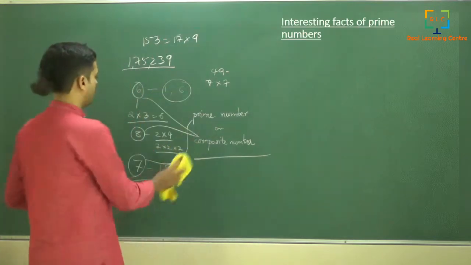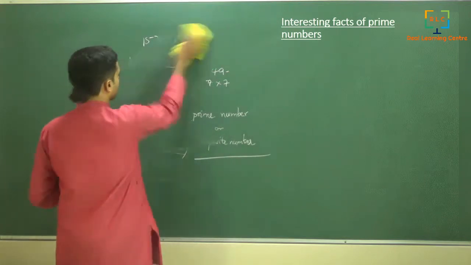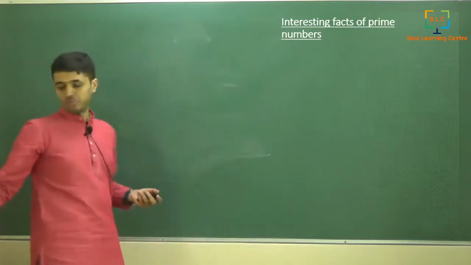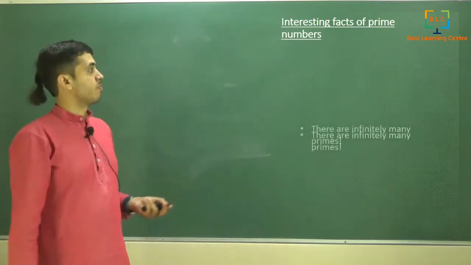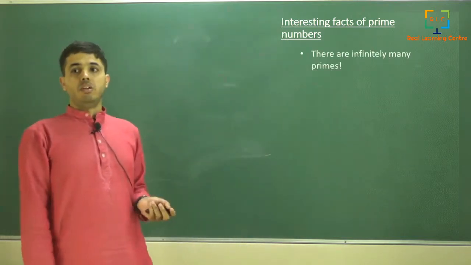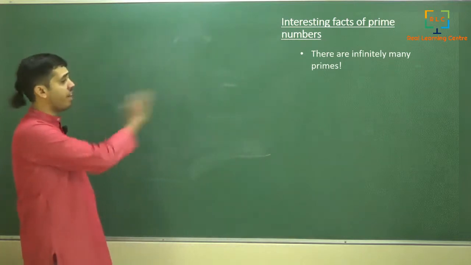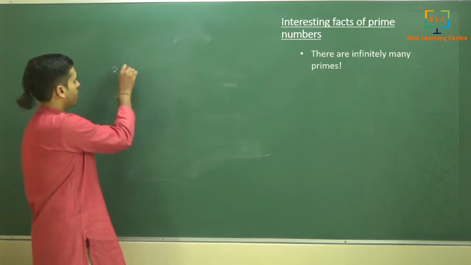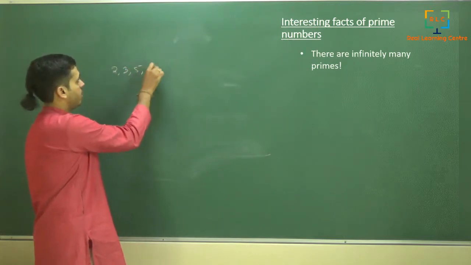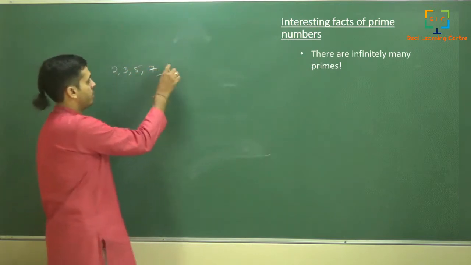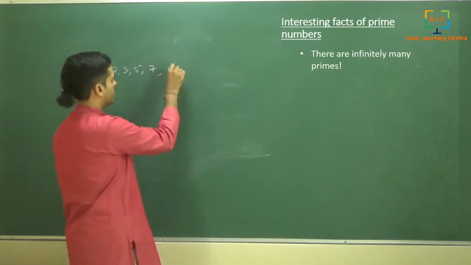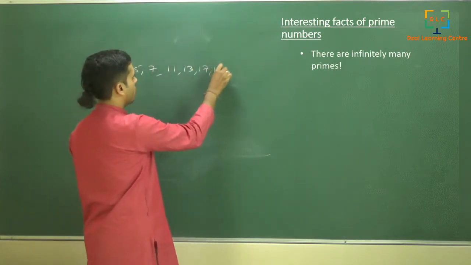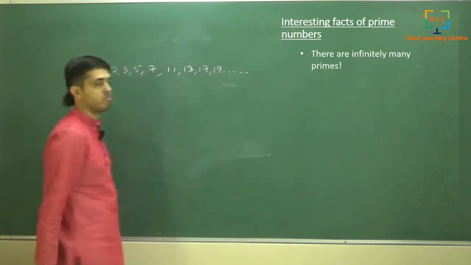Now, some other interesting facts. Yeah, there are infinitely many primes. As I told you, start with first prime 2, next prime 3, next prime 5, next prime 7, and next, 9 is not a prime, next is 11, the next is 13, and it goes on and on.